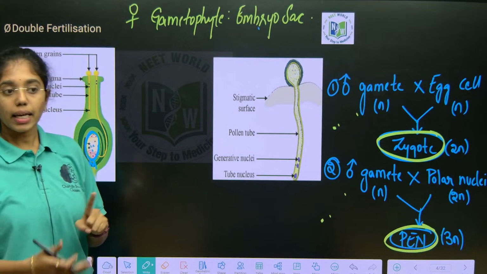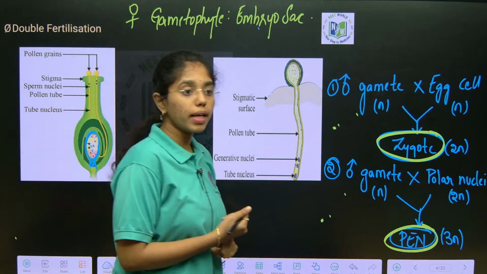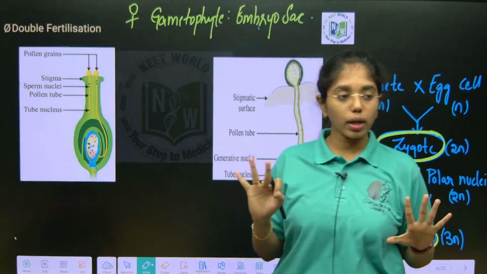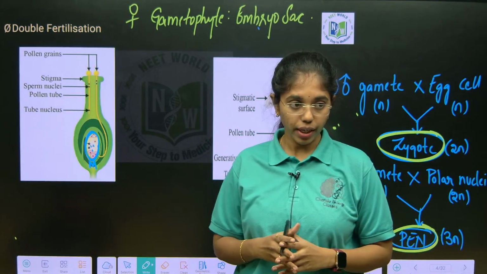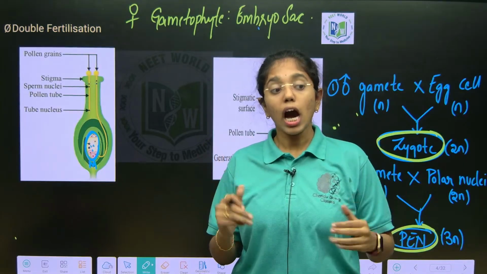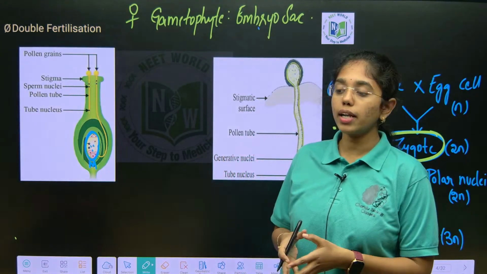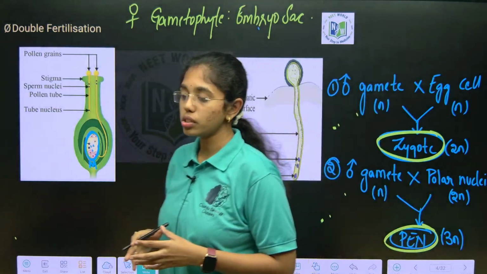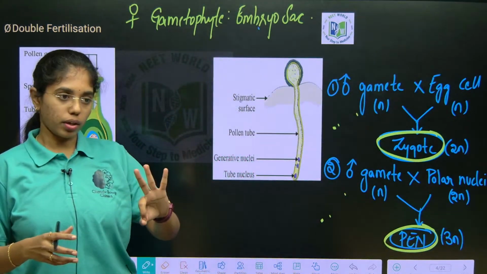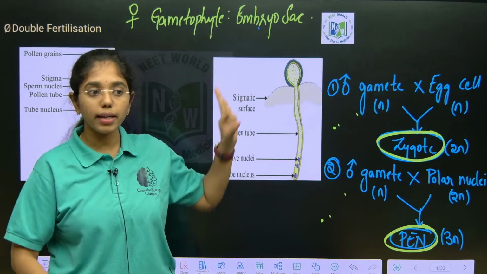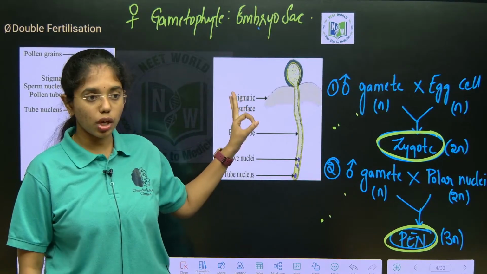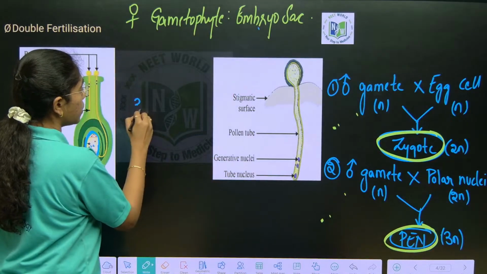One more thing, in an embryo sac how many nuclei will be there? 8 nuclei will be there, 7-celled 8-nucleate condition, right? Of 8 nuclei, how many nuclei are involved in the double fertilization process? 3 nuclei are involved. Okay? If your question is how many nuclei from the embryo sac are involved in double fertilization, your answer should be 3.